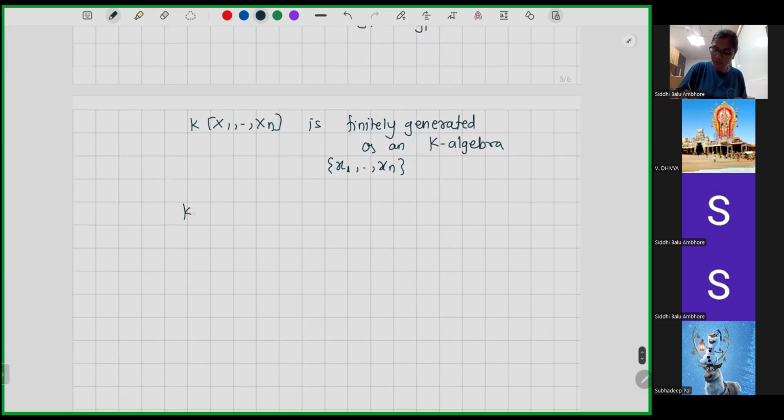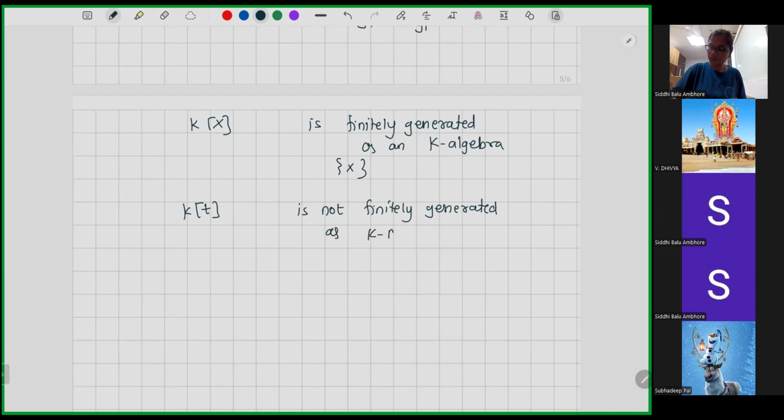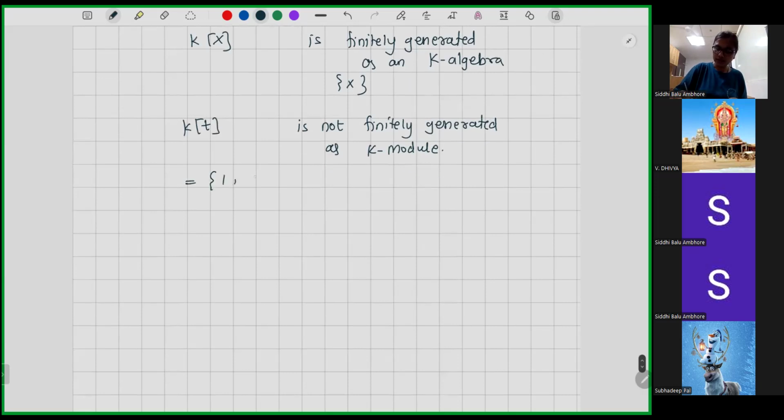But this polynomial ring K[t] is not finitely generated as a K module. It is generated by all of 1, t, t square, and so on, t power k.